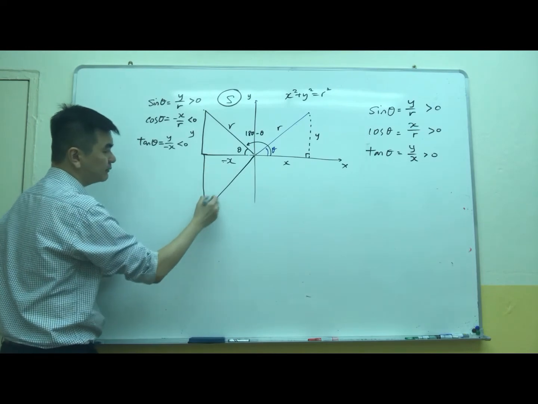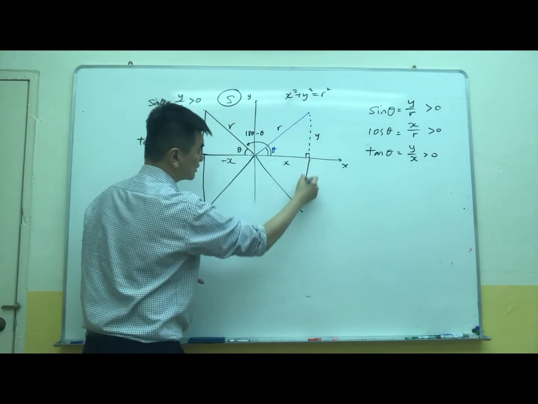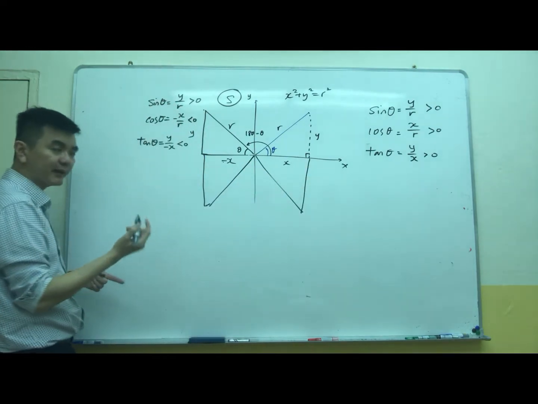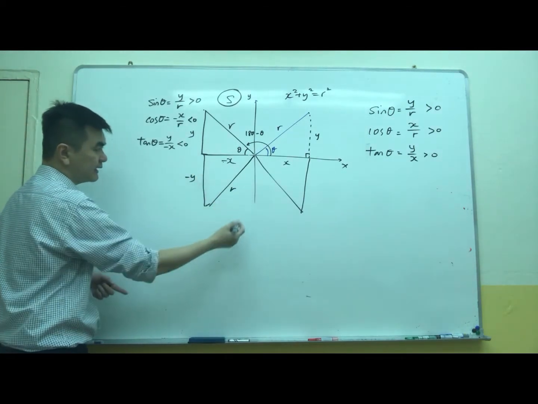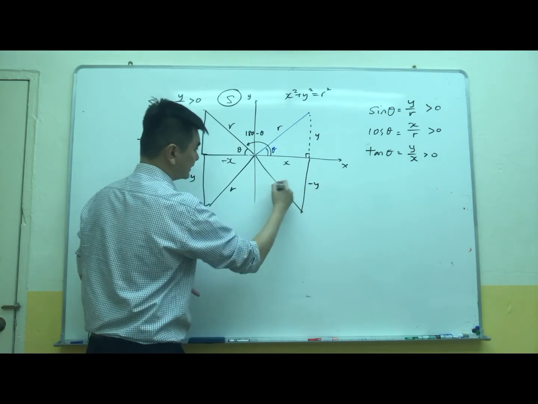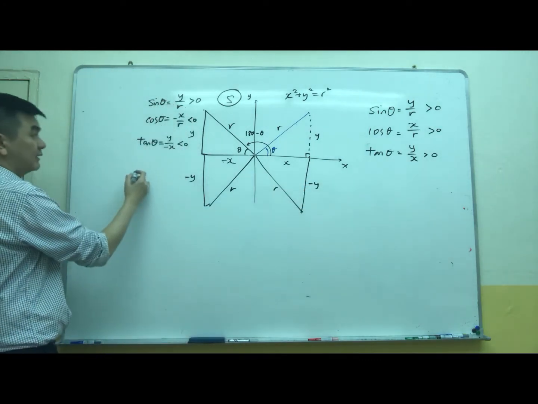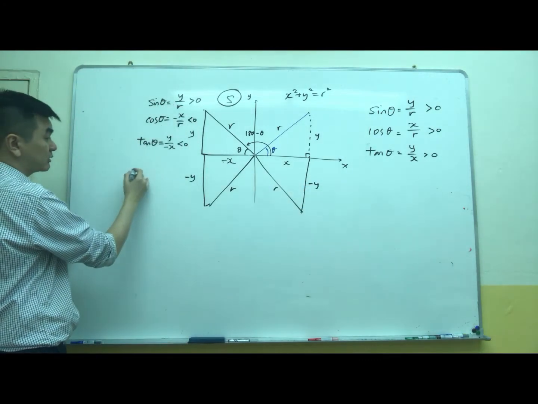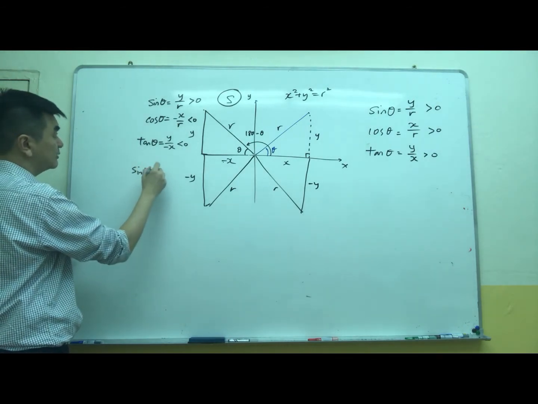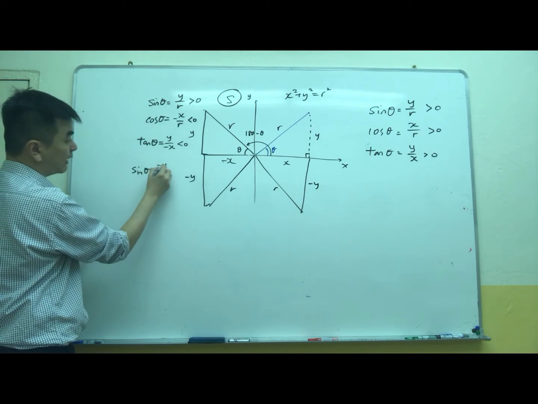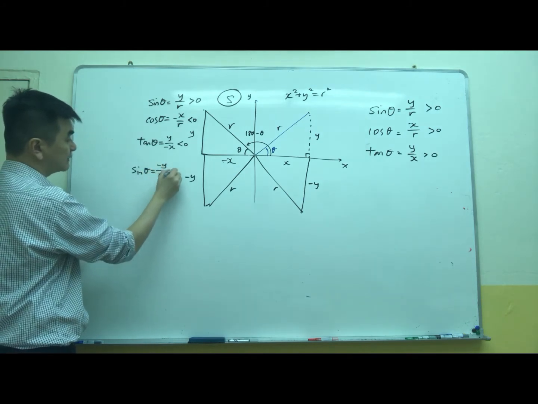We can extend the same thing for the third and the fourth quadrant, and the same reasoning would apply. In this case, I have minus y, minus x, and r is still the same. Sine theta equals minus y over r, which is negative.